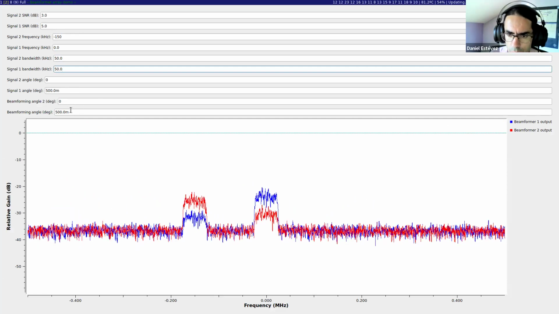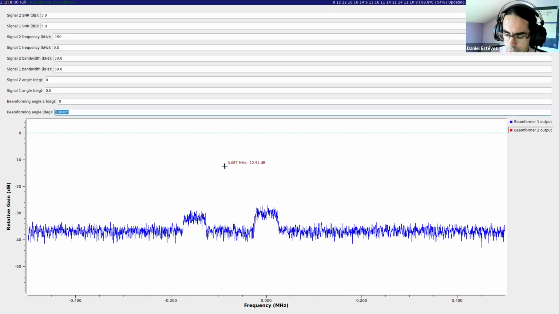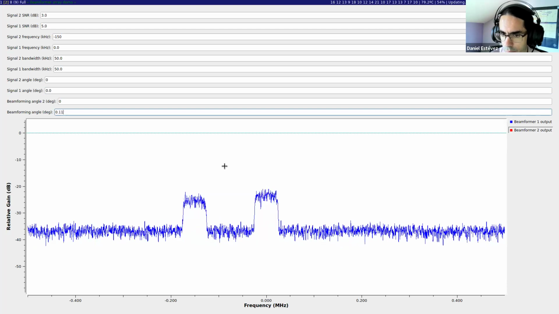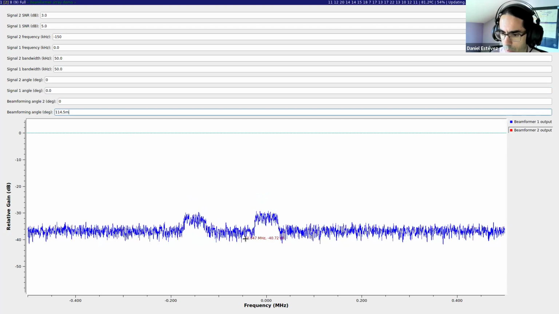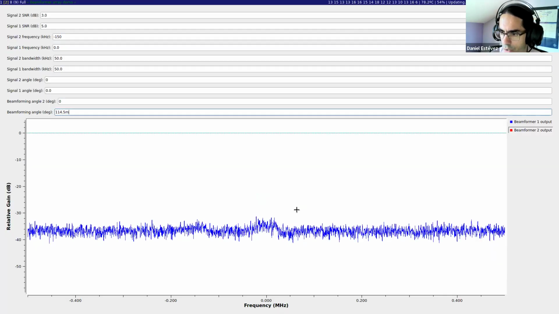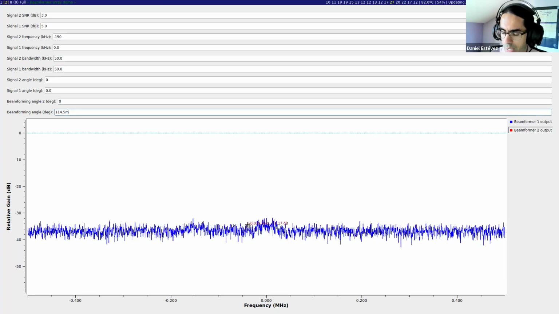What I mean is if I copy the number from there, 0.1145, that's, as you can see, basically the location of the first null of the beam pattern.